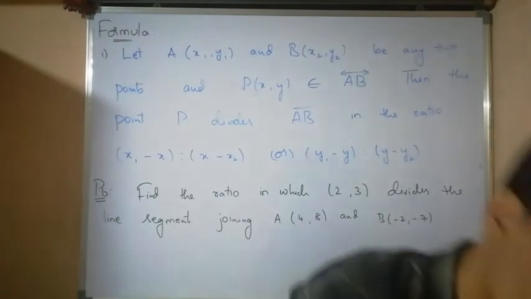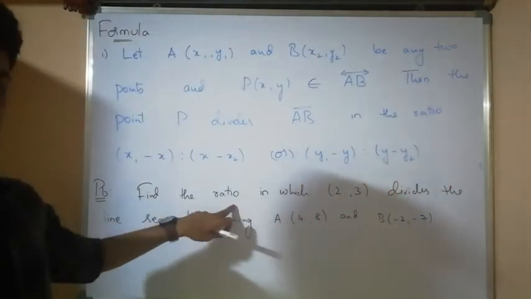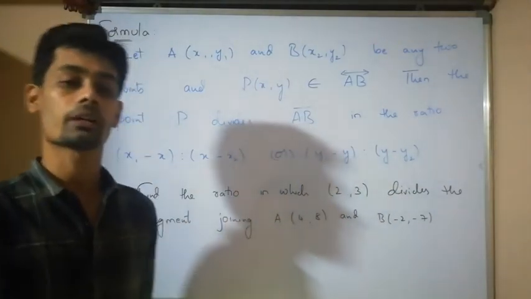Now we have to find the ratio in which this point is dividing this line segment.